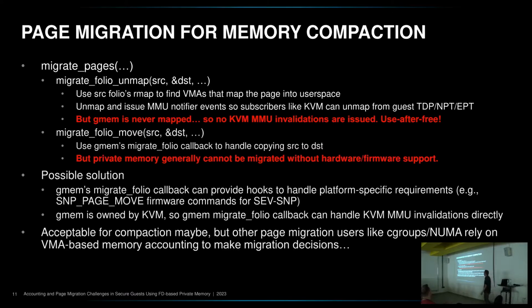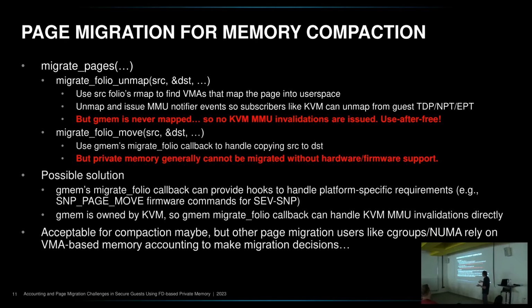There's a migrate folio unmap sequence, which will look at that page, and then it will look at the reverse map, which contains a list of all the VMAs across all the processes in the system, and determine which processes might have that page mapped into their virtual address space.